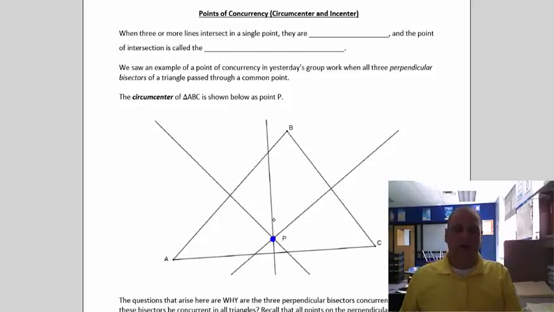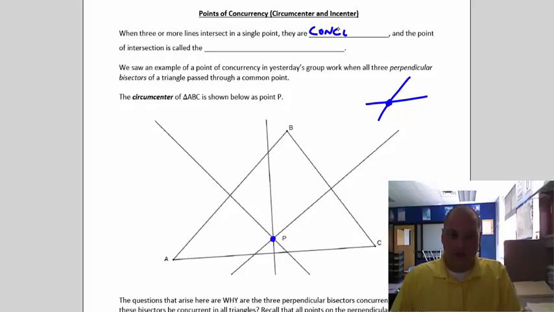That point right there is an intersection point, but it's really more of an intersection point when you just have 2 lines. When you put a third line there, the lines are now called concurrent. So that's what we're going to put here: C-O-N-C-U-R-R-E-N-T.